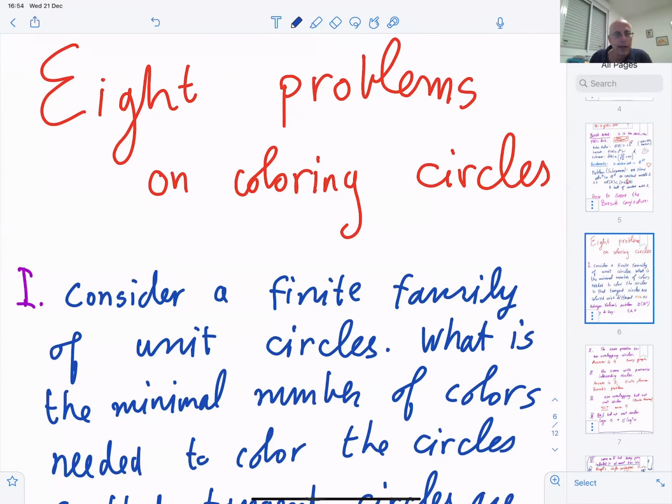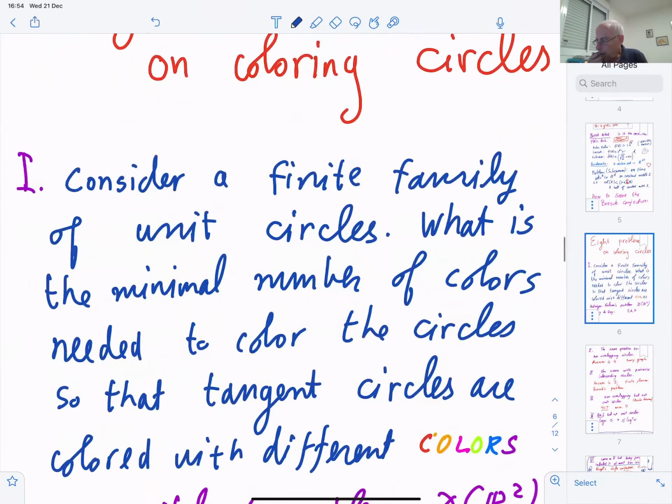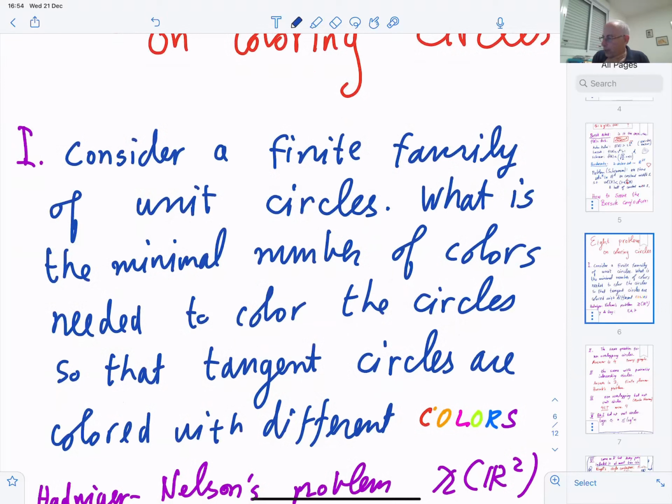Okay, so here are 8 problems on coloring circles. Consider a finite family of unit circles. What is the minimal number of colors needed to color the circles so that tangent circles are colored with different colors?